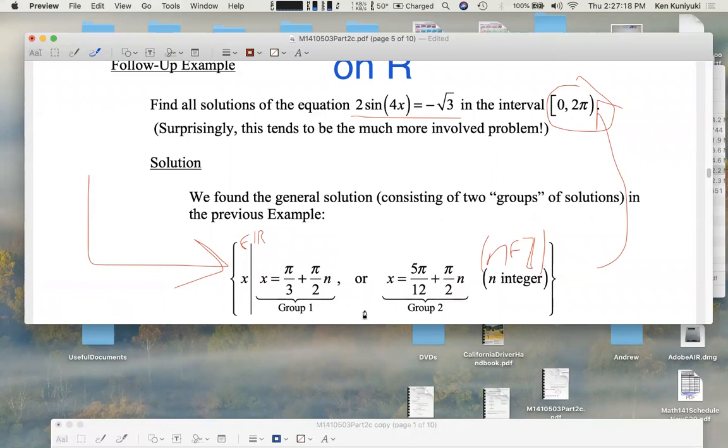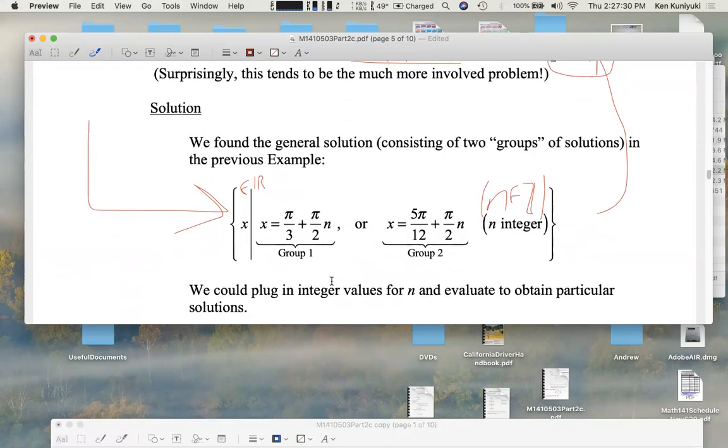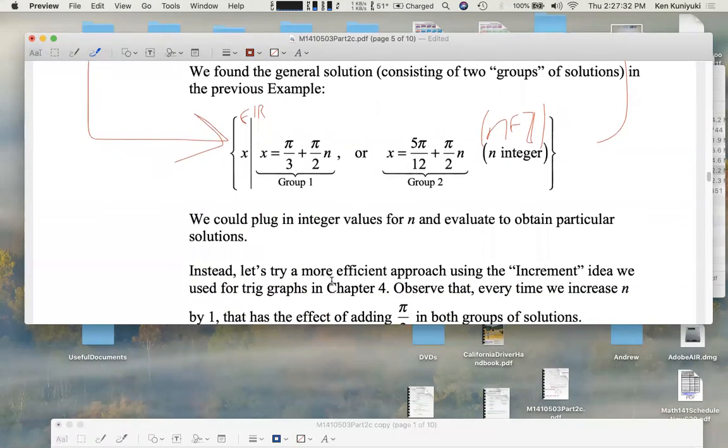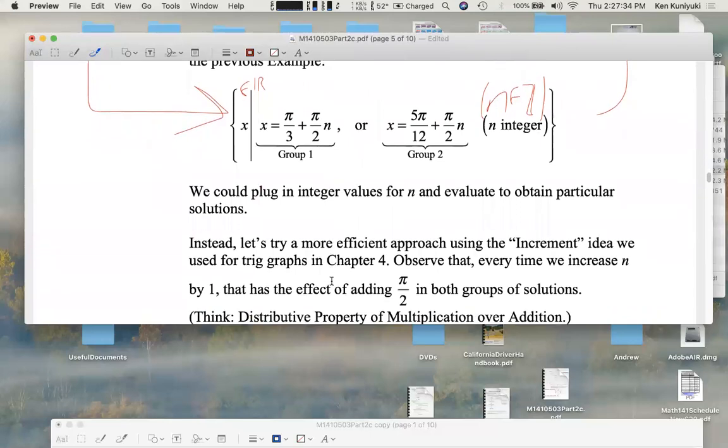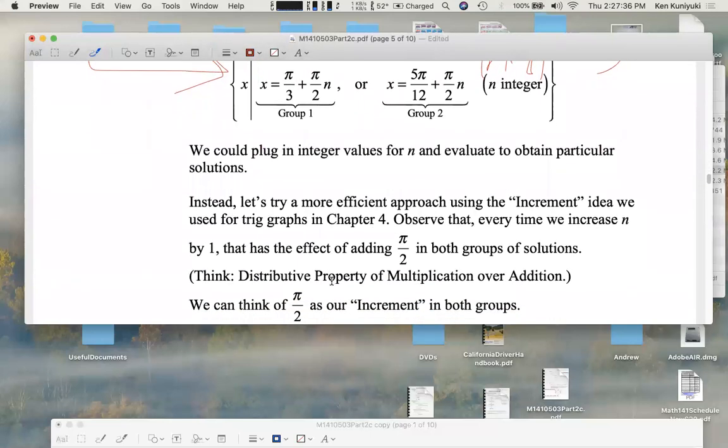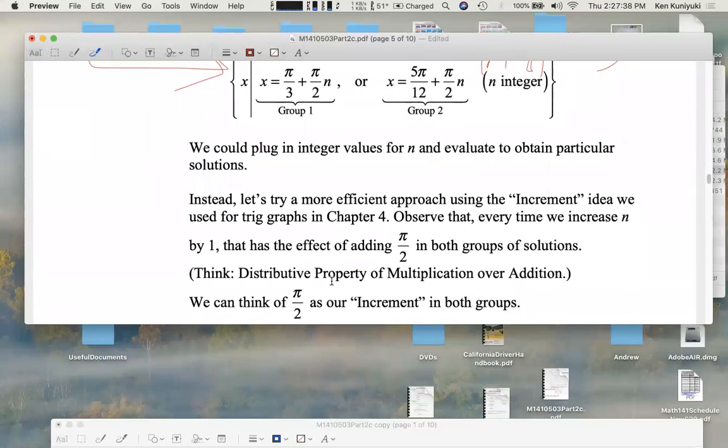All right, let's go through these two groups. Now, one way you can do this is by plugging in various integer values for n, but we can make things a bit more efficient and systematic. We're going to use the idea of incrementing, and it comes from basically the distributive property.